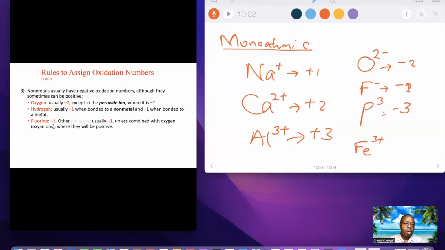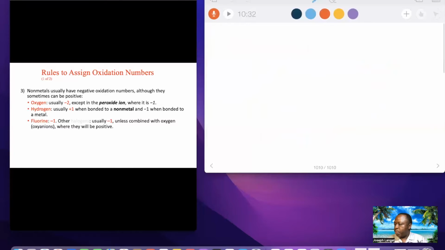Rule number 2. Now, rule number 3, you have to be careful when handling oxygen. Non-metals usually have negative oxidation numbers, and these depend on the group number.